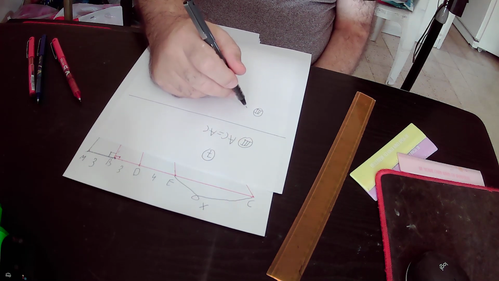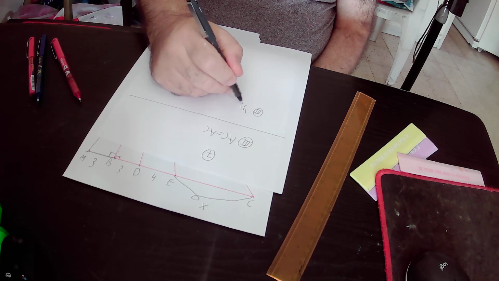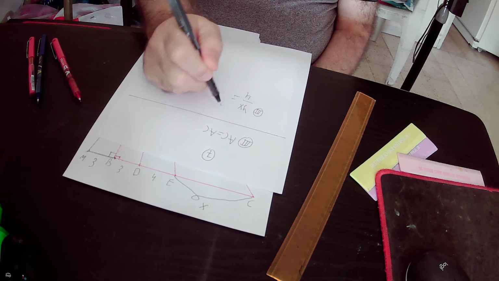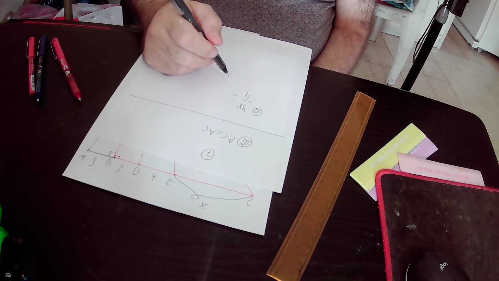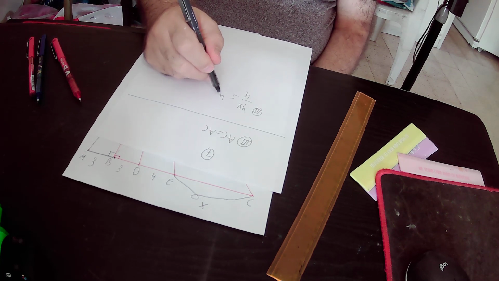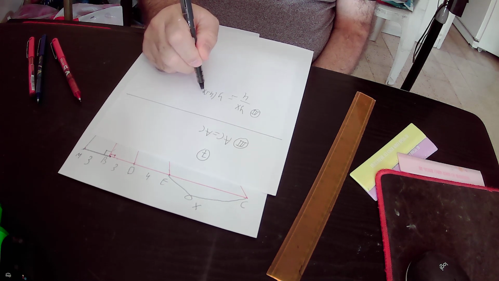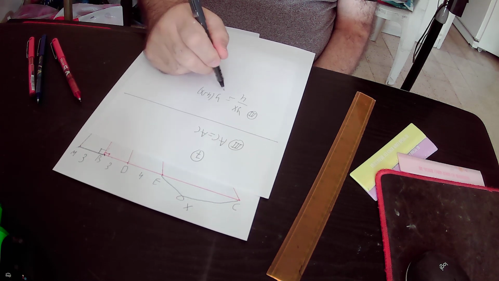AC according to equation number 1 is Y times X over 4.